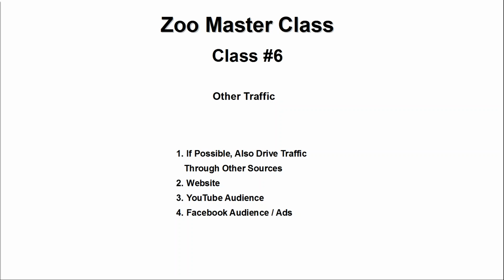So when I create a pre-launch video or a review video for one of these affiliate promotions, I can make sure that video gets promoted to my YouTube audience. And I can make sure they have a link to get from that video back to the bonus page on my own website.